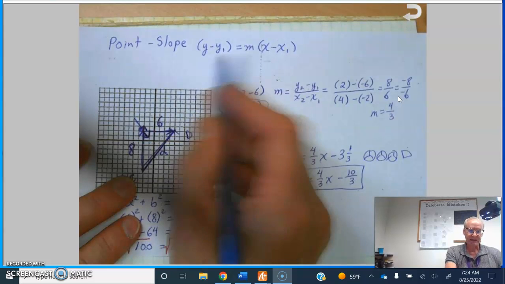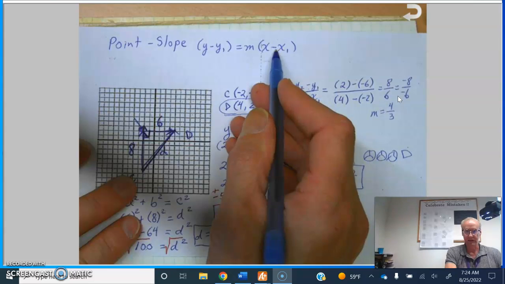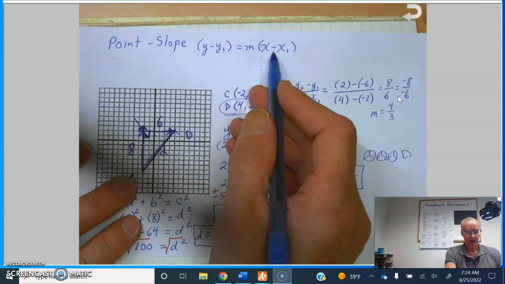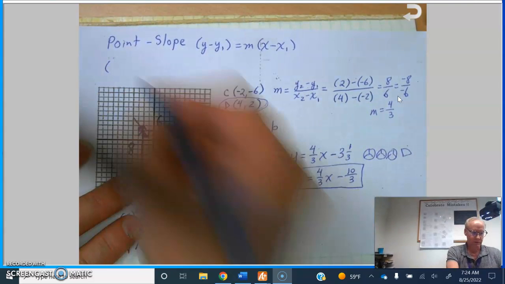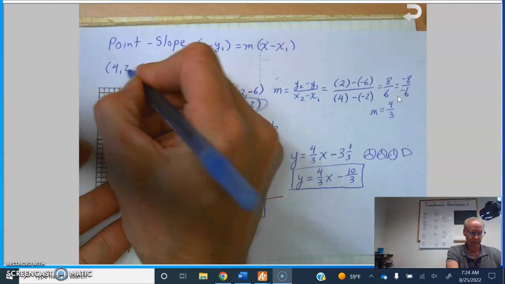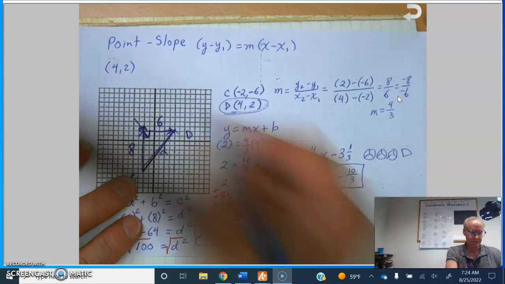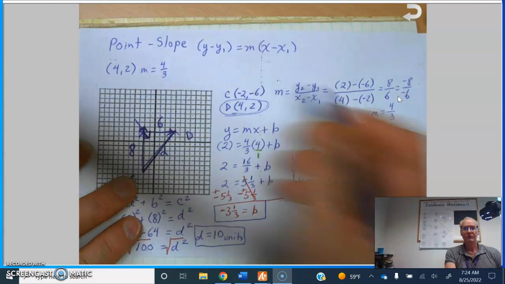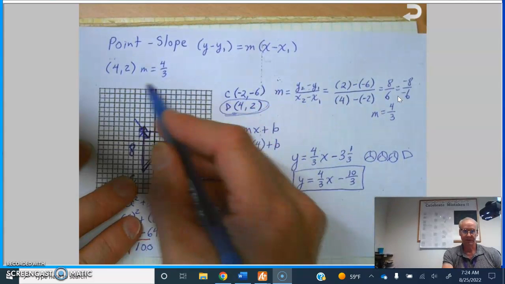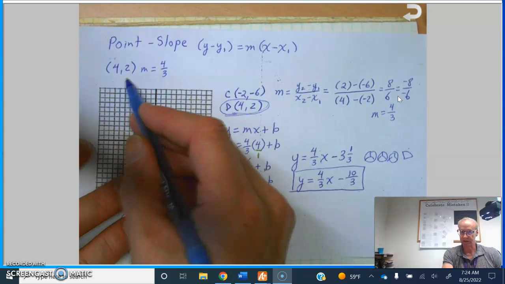Now, rather than thinking about this and substituting, I prefer to think of it as zeroing out my point. So I'm going to take that same point, 4, 2, and that same slope, 4/3. And what I'm going to do is force this 4, 2 to be a solution to my equation.